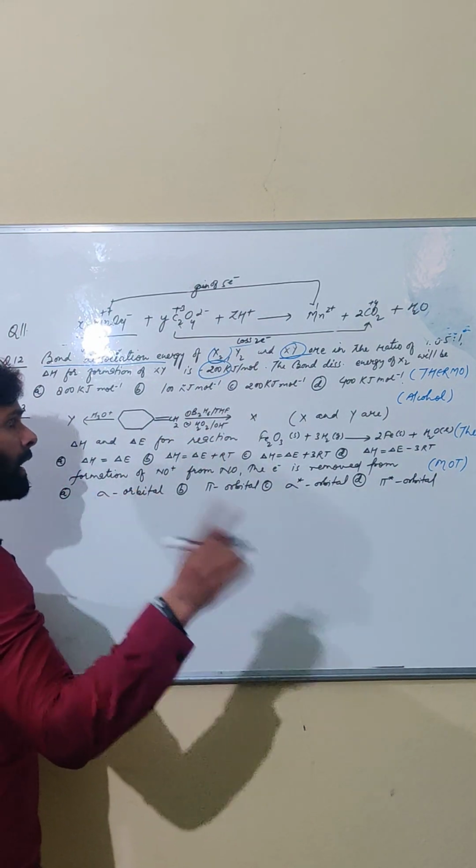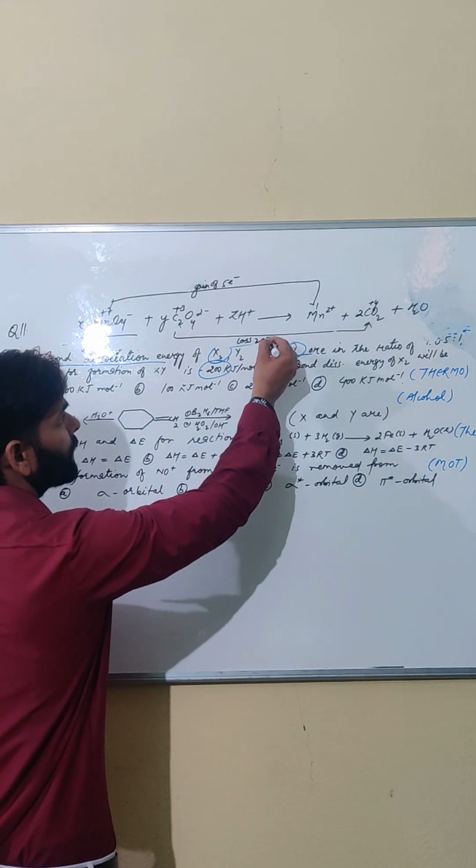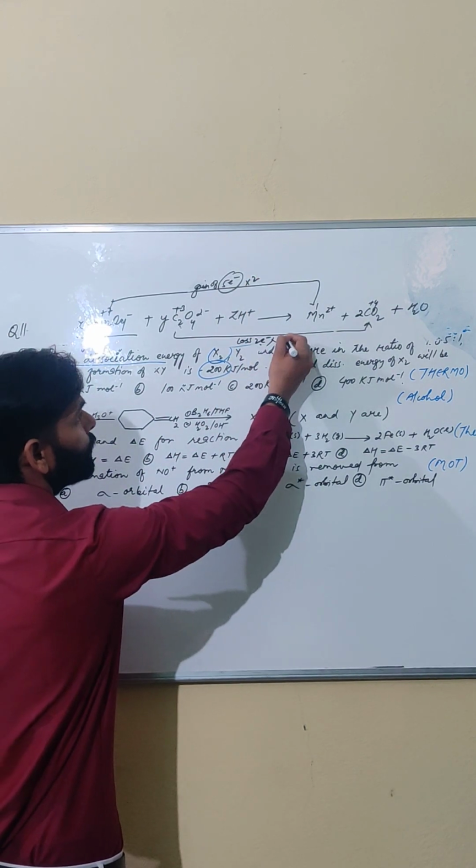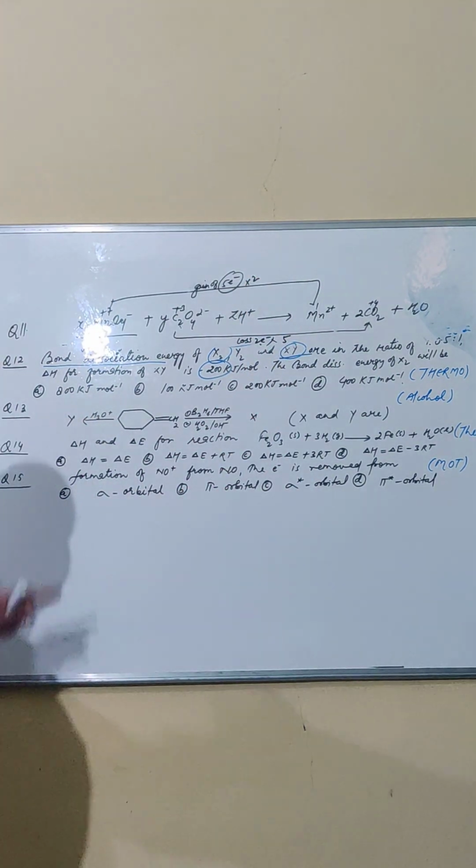Now the third step is to cross multiply: 5 into this 2 and 2 into 5, and then multiply.